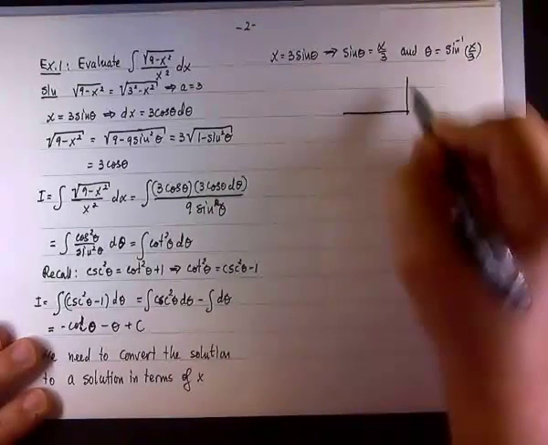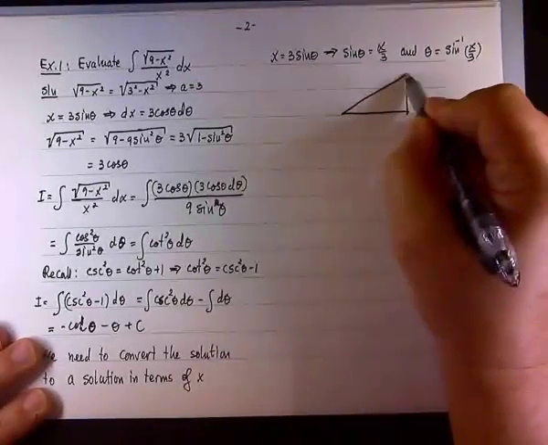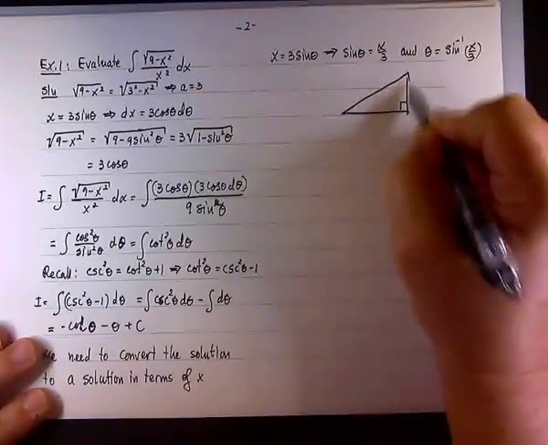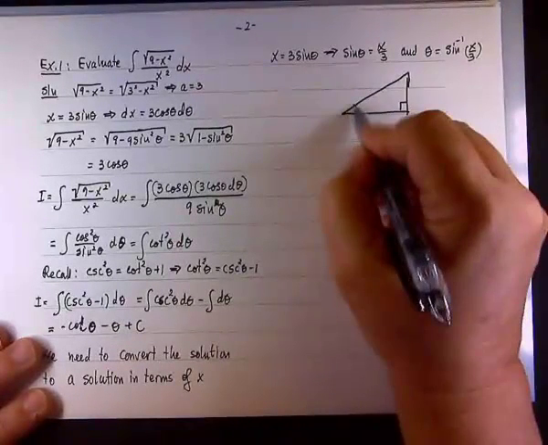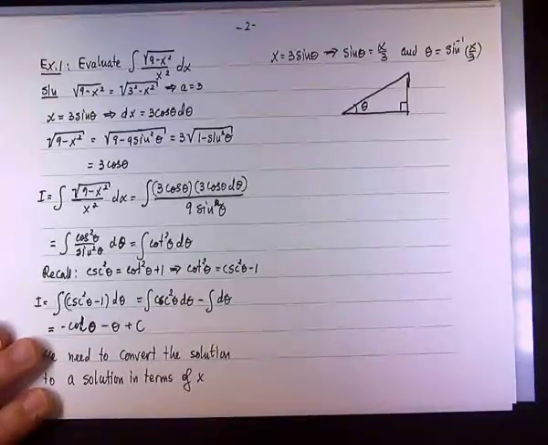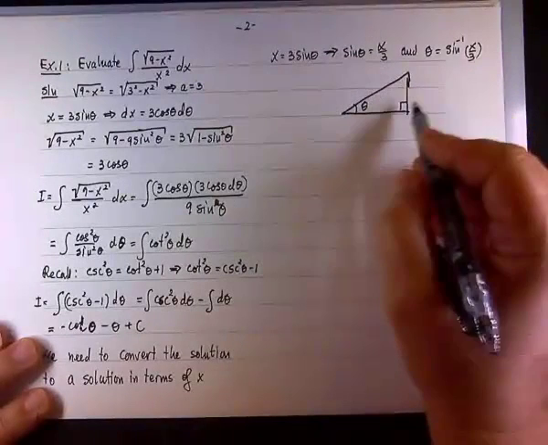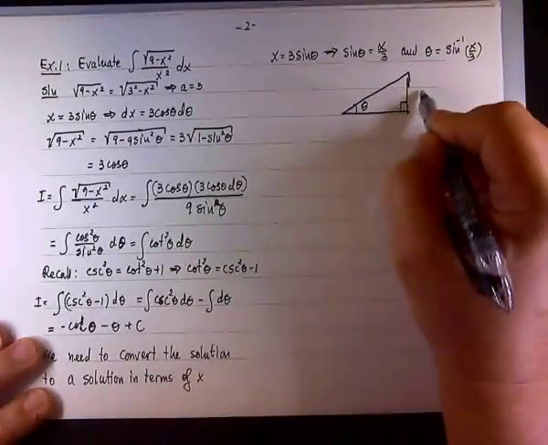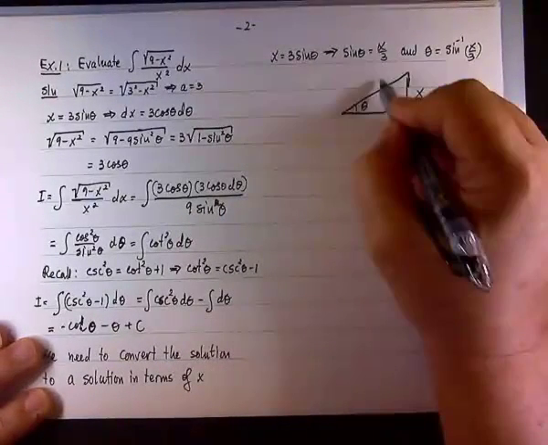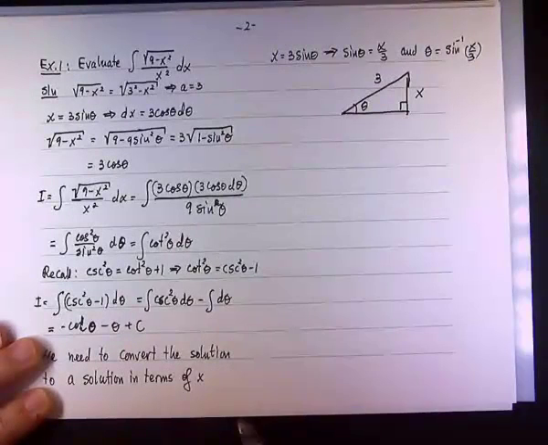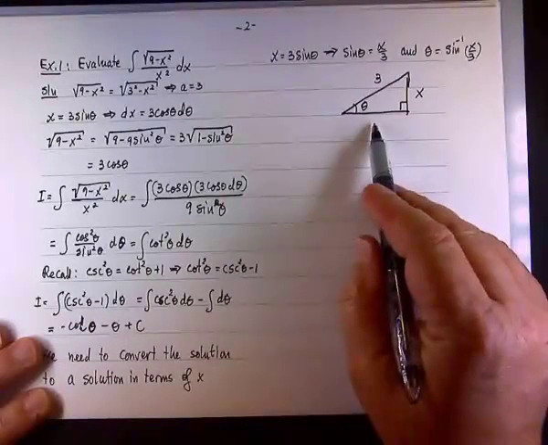Here's a nifty way to do it. Remember, the sine is x over 3. You may remember this technique from trigonometry. If you come up with a right triangle and use the SOHCAHTOA definition of trigonometric functions, remember sine, opposite over hypotenuse, and so on.